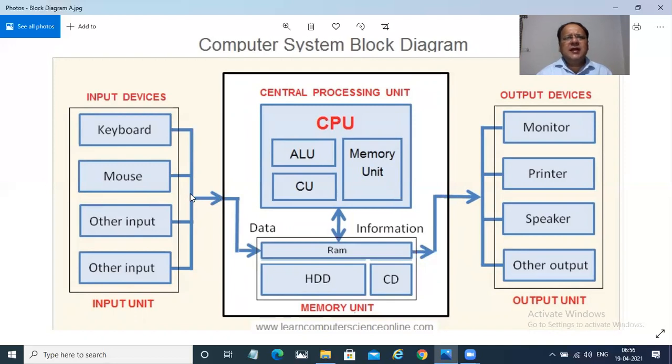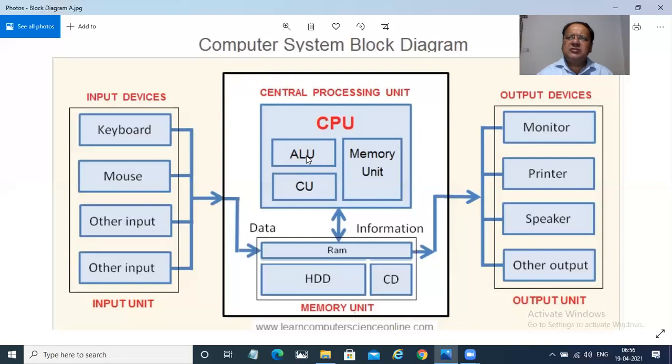That's why they are called input devices, because they are used to enter the data into the computer system. Once this data enters, it enters into what we call the central processing unit block. This is a complete central processing unit block. In the central processing unit, that is the CPU, we have the ALU, that is the arithmetical logical unit, meant for taking arithmetical and logical decisions.